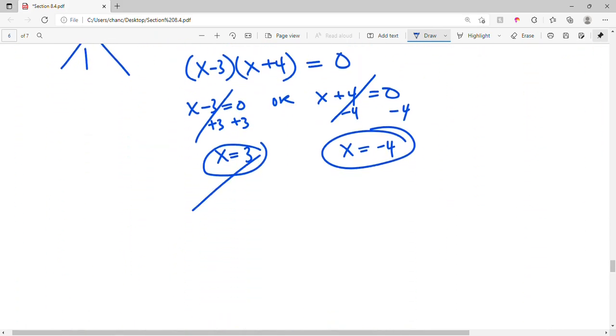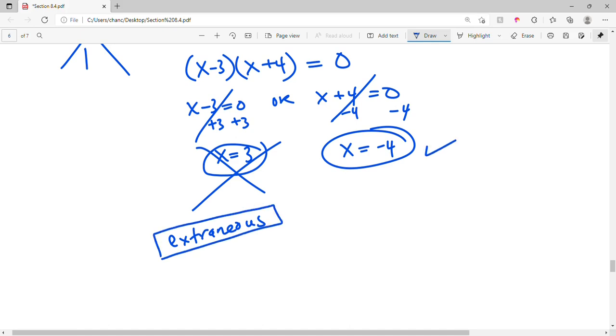So we'll toss out positive 3. That's known as an extraneous solution. It's a solution that doesn't work. And so we only have one answer, and that's x equals negative 4. Be careful, check for those extraneous solutions when you're dealing with an equation that has denominators.